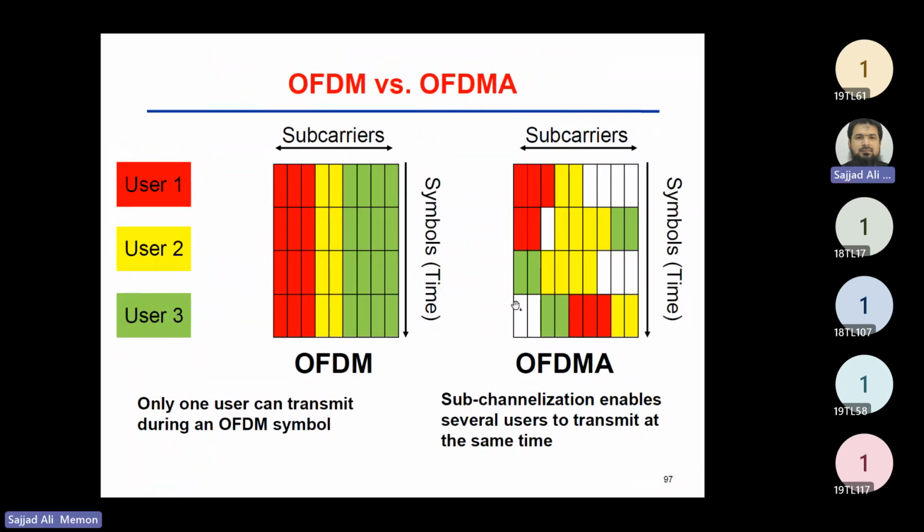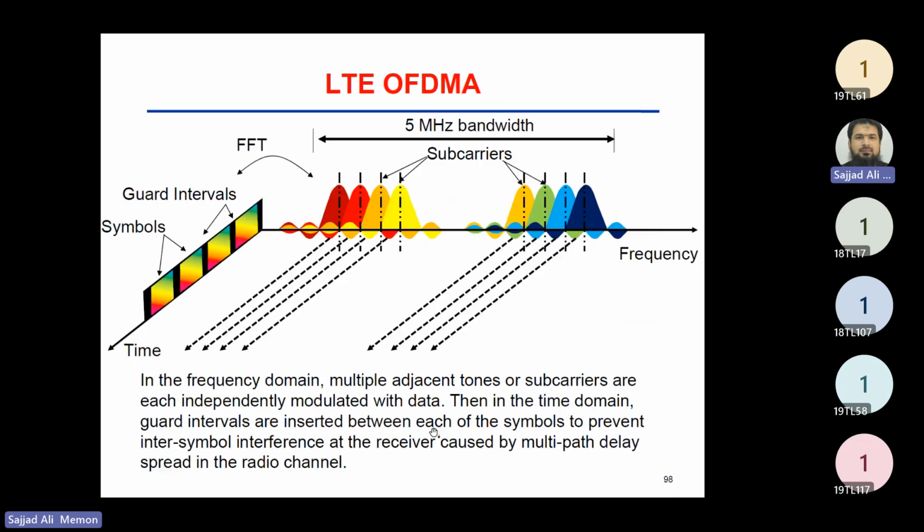There is another difference between OFDM and OFDMA. Only one user can transmit during an OFDM symbol. Subchannelization enables several users to transmit at the same time.